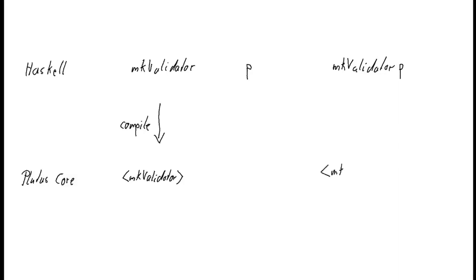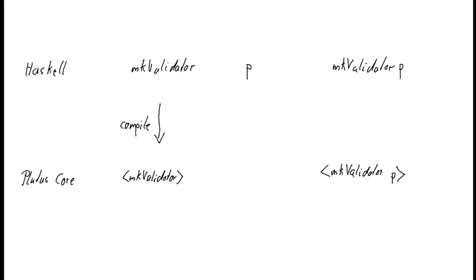And I want make validator P compiled. But I can't apply compile here because the P is not known at compile time, so Template Haskell won't work for P. So I can't do that.